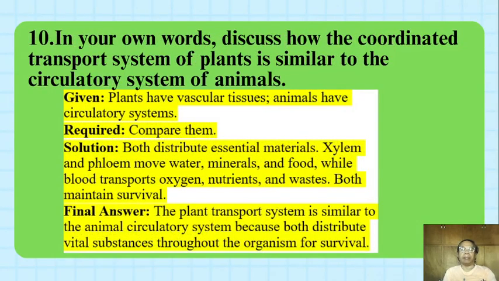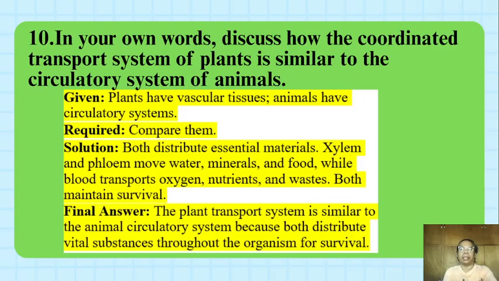Number 10. In your own words, discuss how the coordinated transport system of plants is similar to the circulatory system of animals. So we're given plants have vascular tissues, animals have circulatory systems.